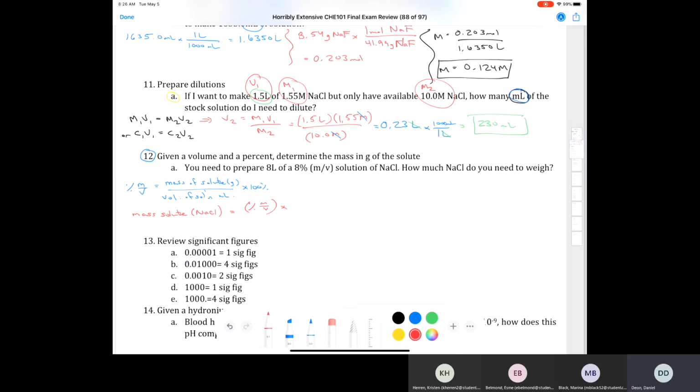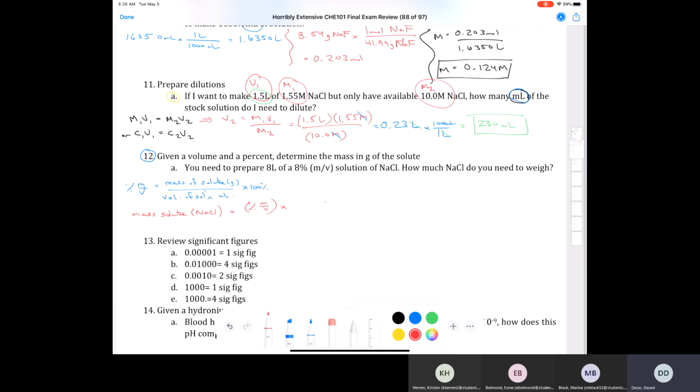And let's see, so my percent mass over volume, which is 8%, and I want to make 8 liters of solution. So I'll say that this is 8,000 milliliters, and I'm just converting that in my head. Sorry, I was doing the formula first, wasn't I? There we go.